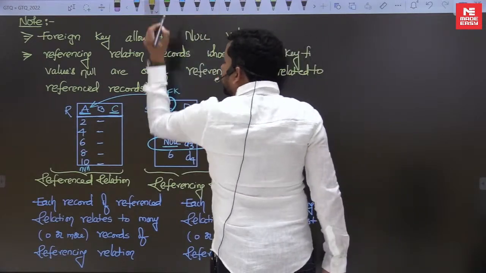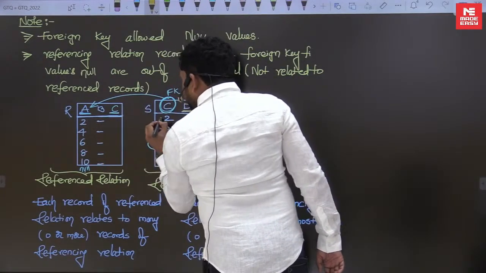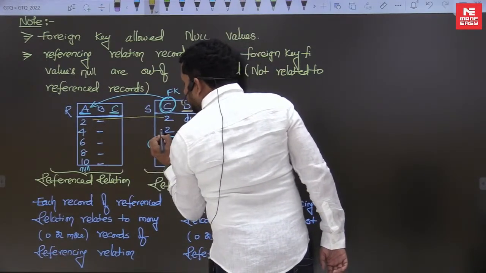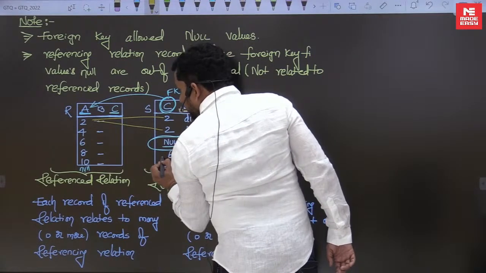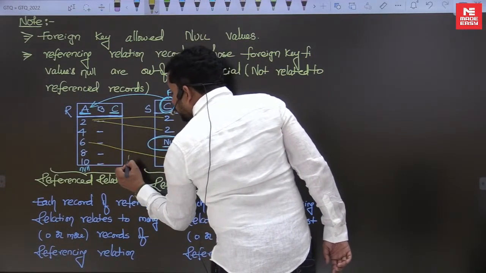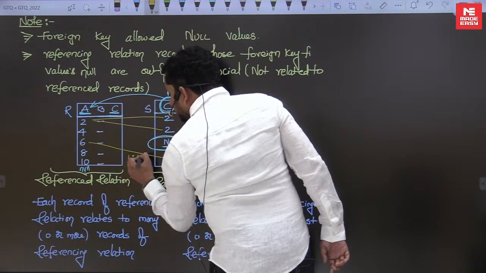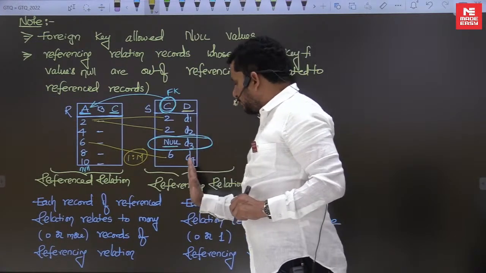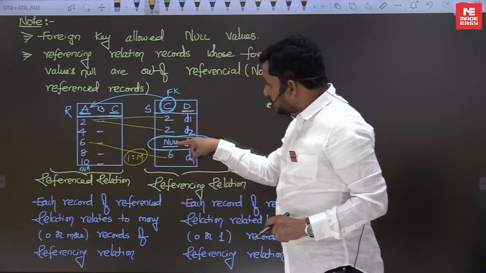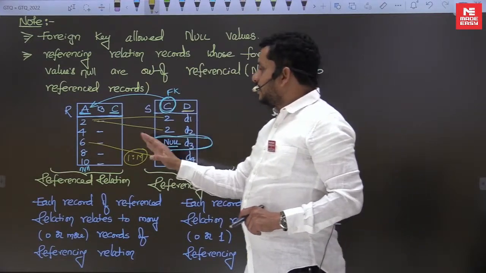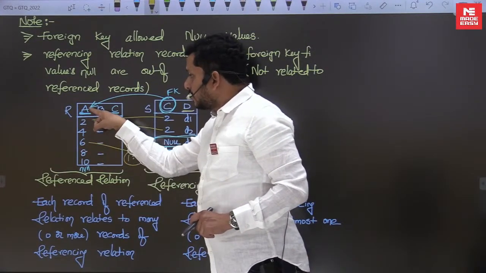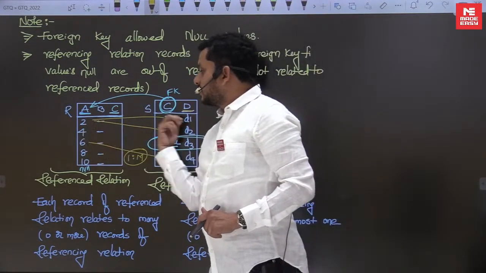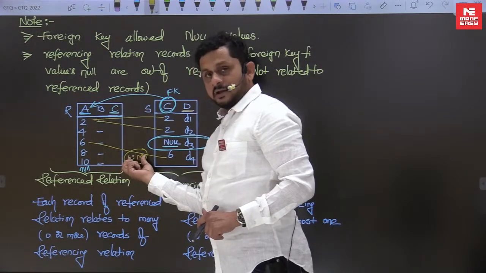Other than that, each referencing record is related to one record of the referenced table. It seems to be a one to many mapping. Even though it is one to many mapping, it need not be exactly one from the referencing to the referenced, because of the null foreign key value, and not every record of the referenced table has to be related by the foreign key. So zero mapping is allowed on both sides.